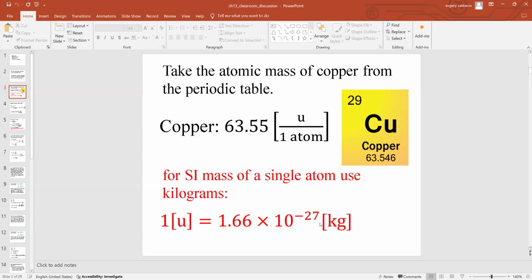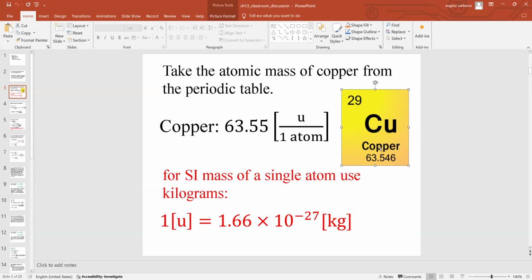So you divide the amount of money by the price of one ice cream. Let's take a look at the periodic table of elements and see what we can get from it. That's the copper element, number 29. And see, there is this magic number beneath the name, 63.546.